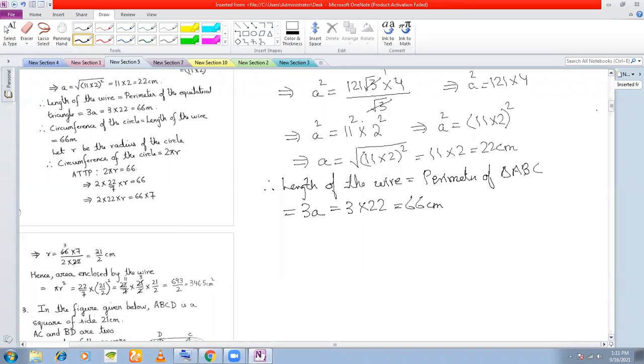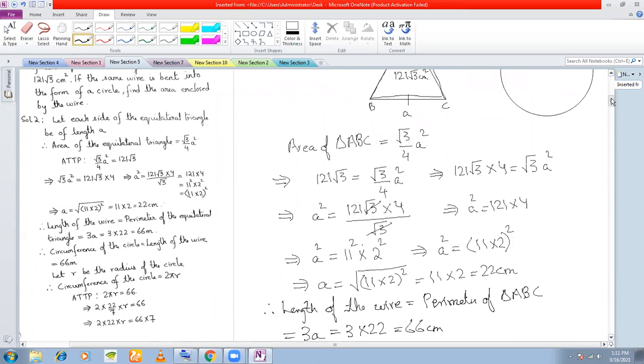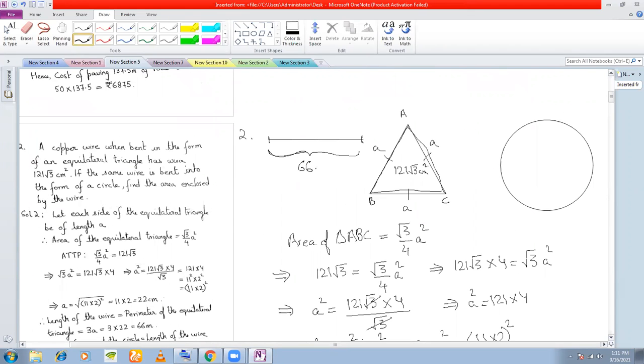Now this copper wire has length 66 centimeter. We have already got this. Now this copper wire, I am straightening up, and now I am bending it in the form of this circle. Okay, in the beginning I told you, if I'm now making a circle, then the length of this wire must be equal to the circumference of this circle, right?